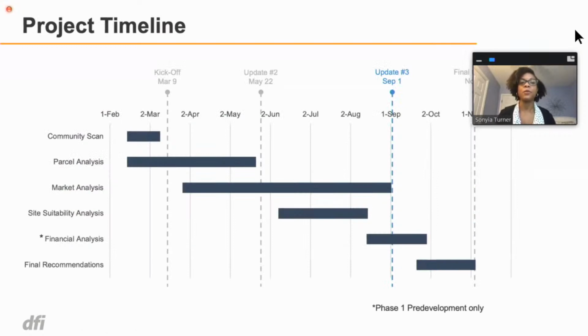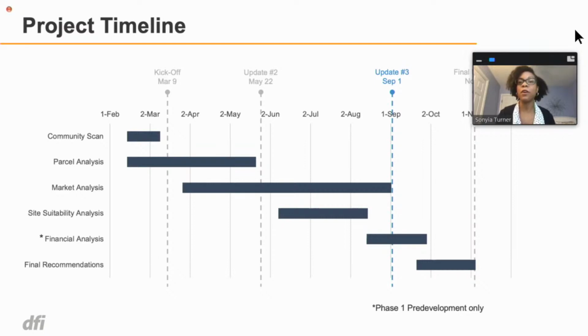To date, we have conducted a fair amount of our analysis. We've met with staff back in March and also May, and then recently in August, just to share our preliminary market analysis findings. And so we have done what we call the community scan, which again is looking at that demographics, income, economy information, parcel analysis, which is looking at that tax parcel data to understand trends.